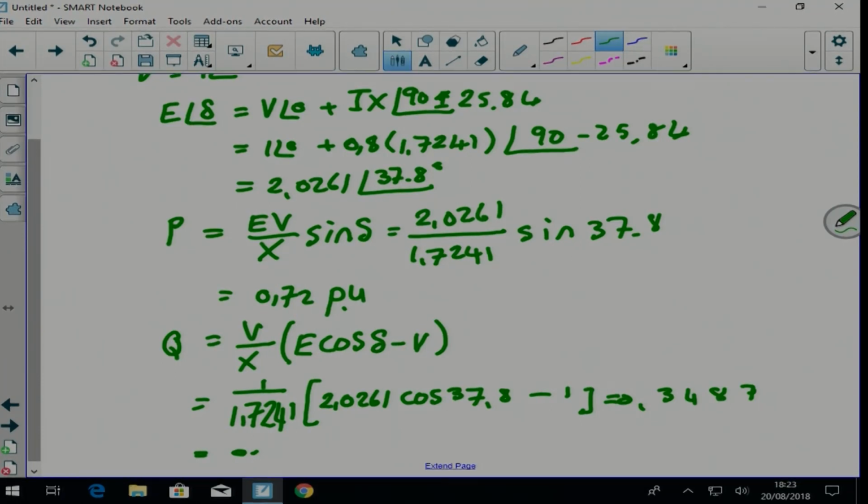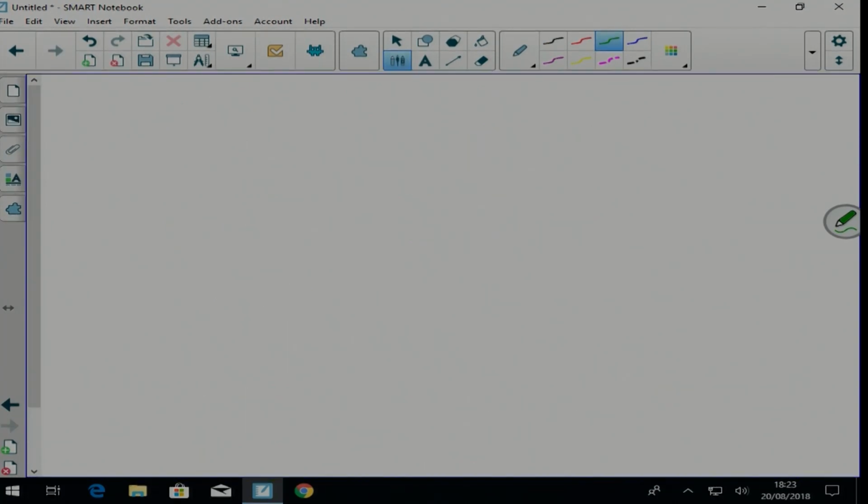Now let's say we increase the excitation. E2 is 1,2 E1. P1 remains the same as P2. So we don't change any power of the machine.